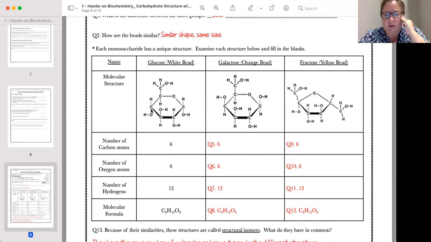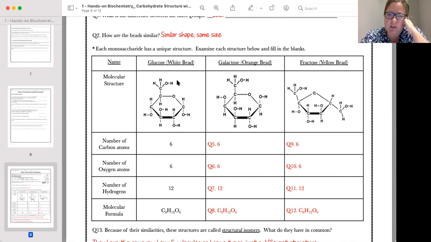You see that there are 1, 2, 3, 4, 5 carbons, and then you have an OH group here, an OH group here, you have another carbon here, so 6 carbons total, and you have oxygen atoms and hydrogen atoms that make up carbohydrates. In this one, you have 6 carbons, 6 oxygens, and 12 hydrogens. And that makes its molecular formula C6H12O6.